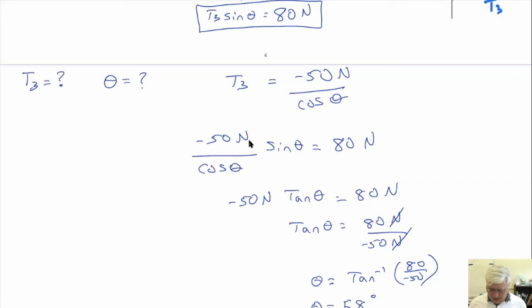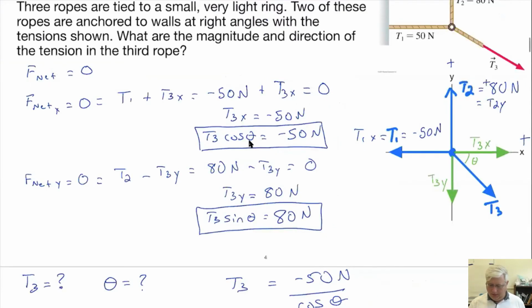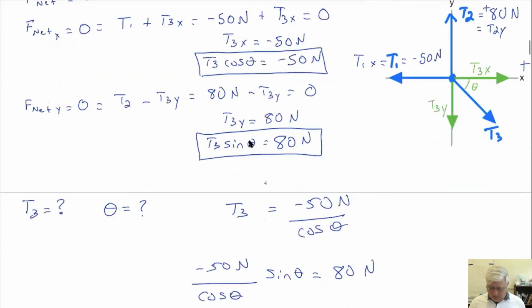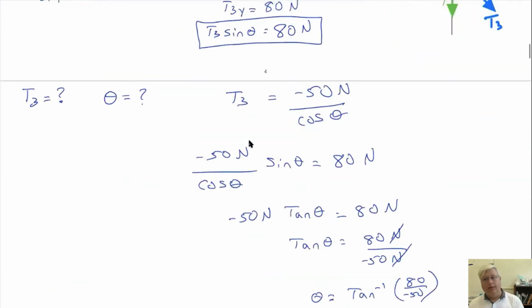Actually, that comes out to negative 58 degrees, and that makes sense. We're 58 degrees below the positive x axis, so we're good there. So now we found the direction.